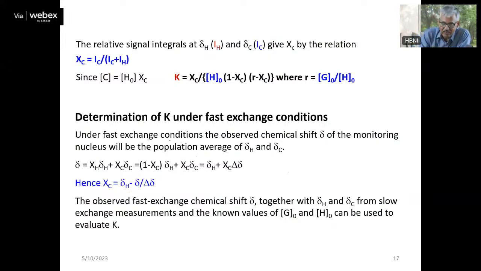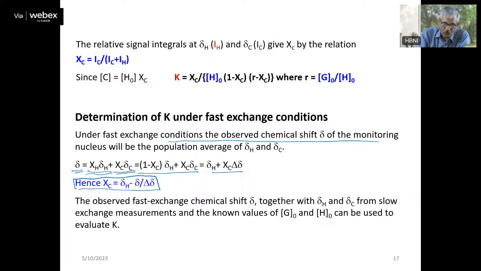So under fast exchange conditions, you will get a single observed chemical shift. That chemical shift will be a weighted average of the chemical shifts of the host and the complex. That only I have shown here, and from there also you are getting XC. Now ultimately, finding out the mole fraction XC is not so simple.